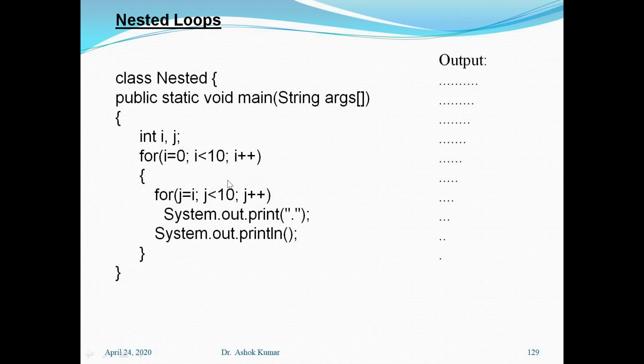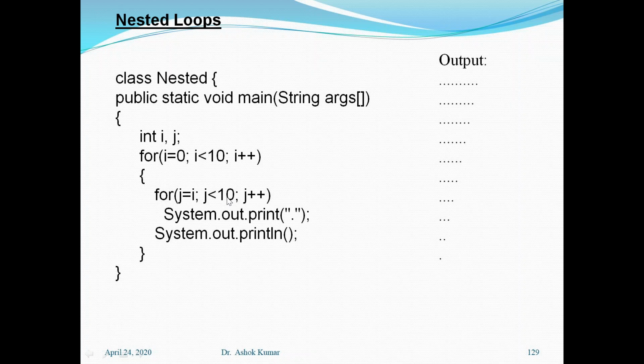If we look at this inner loop, what it's doing is basically printing a dot. How many times will this loop print the dot? It depends upon the initial value and the final value. In this loop, the initial value of j will be i, and its final value will be 9, because when the value of j becomes 10, the loop will terminate.